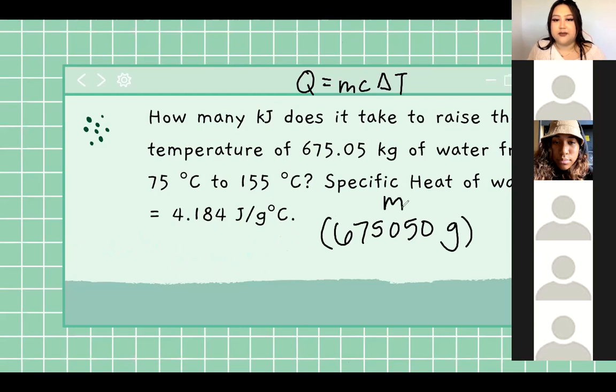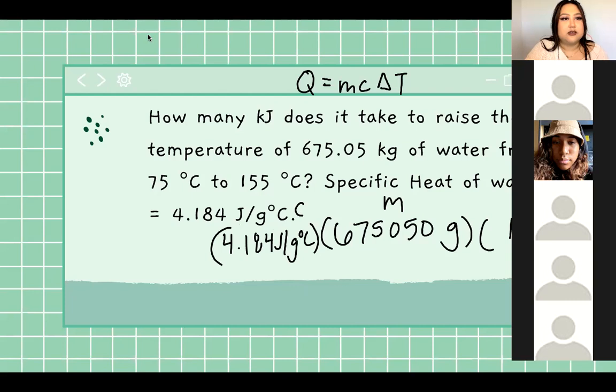So we have M, and then this one will be C, 4.184. And then delta T, 155 minus 75, to get Q, which will be in joules, and you are correct, we do convert it into kilojoules after everything.